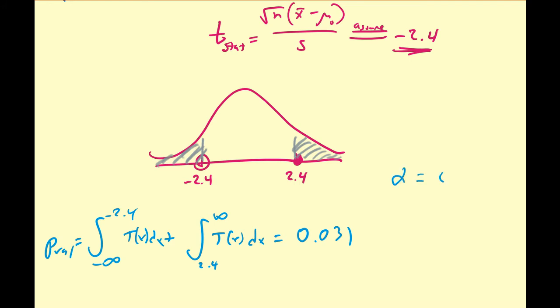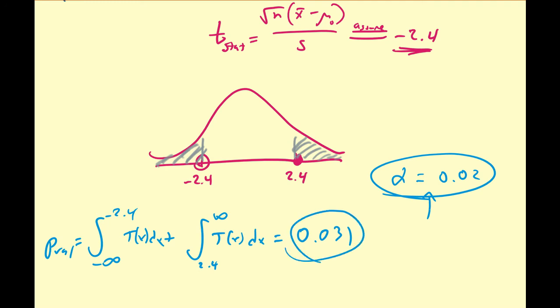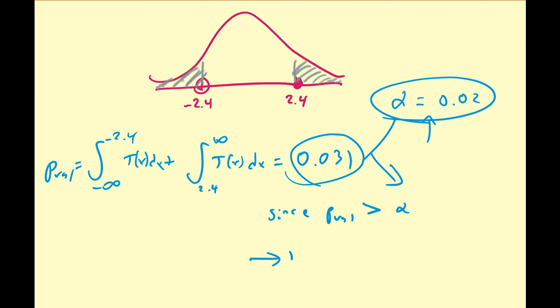And since alpha is equal to 0.02, and this p-value is bigger than alpha, that means we're going to fail to reject the null hypothesis.